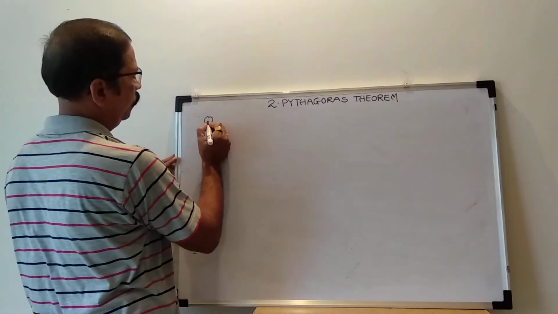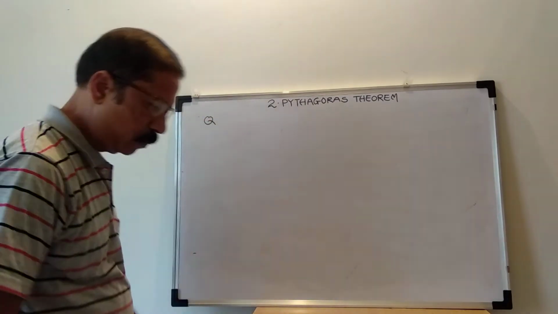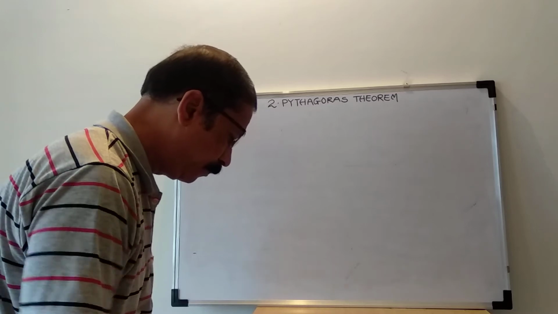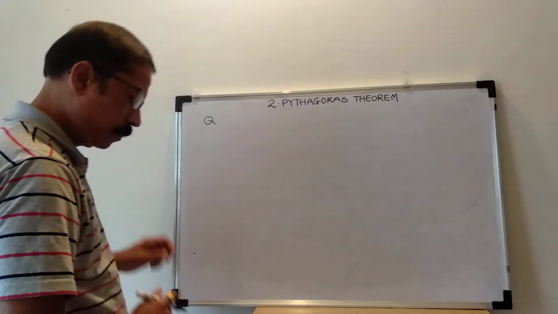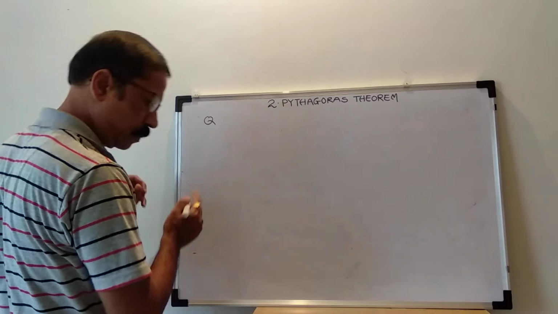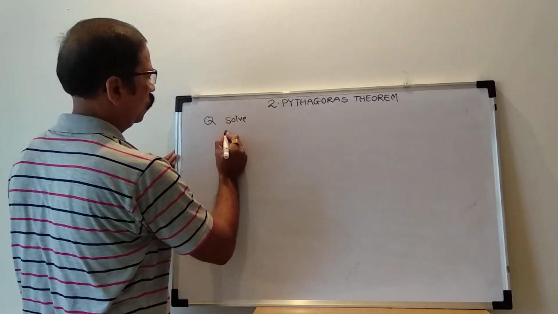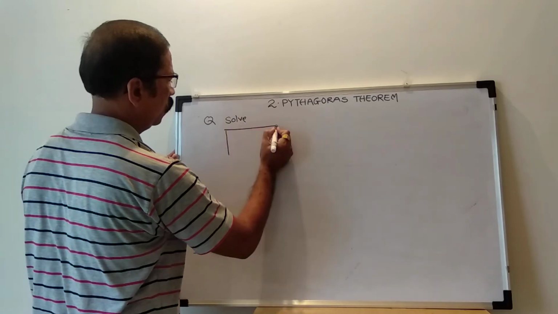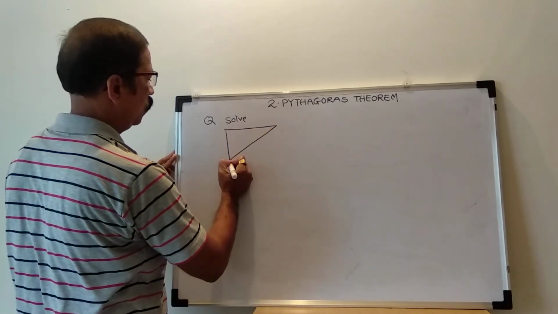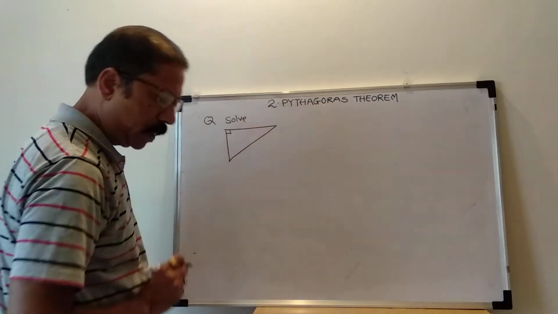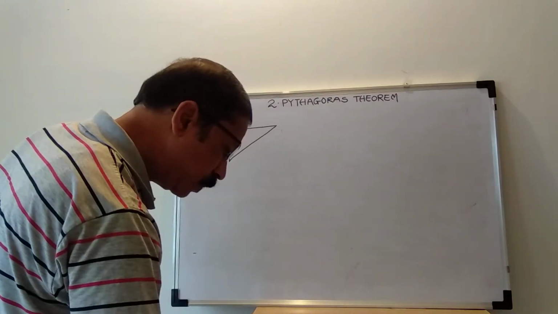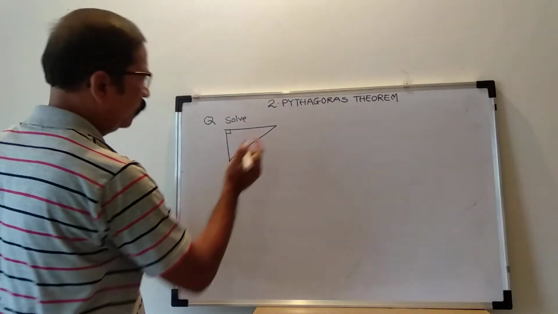Another question. We will take one sum. See, this is the right angle triangle whose name is PSR.